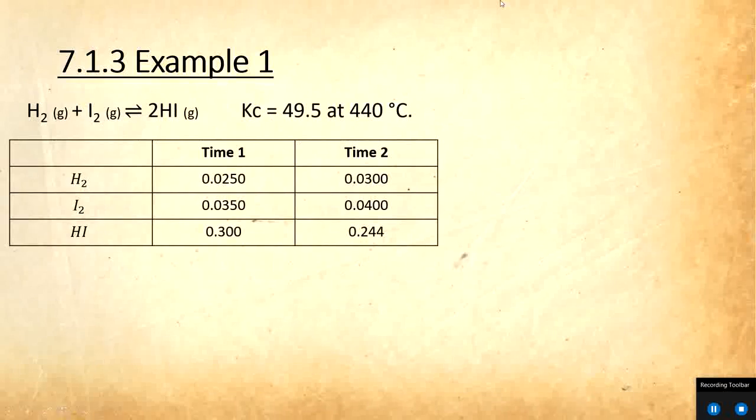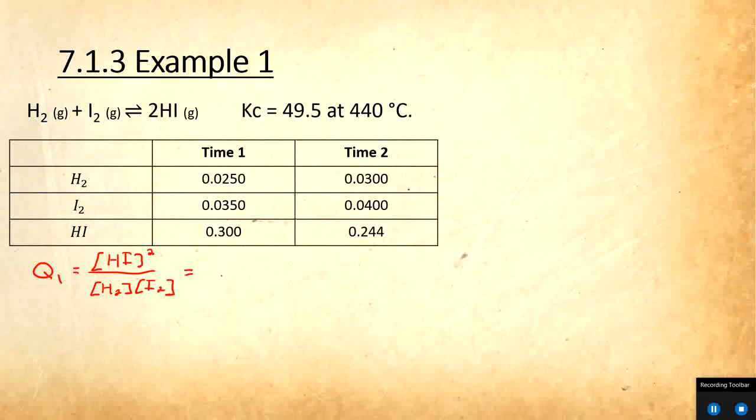Okay, so for the first experiment, we can calculate our Q value. We'll call it Q1 since we're using time 1. Our expression here is going to be HI squared over H2 times I2.